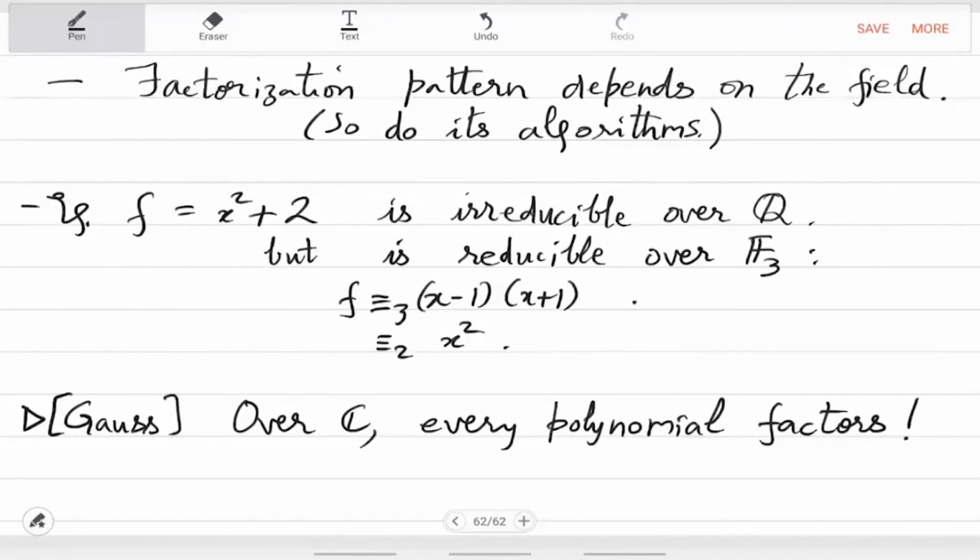When I say polynomial, I mean univariate polynomial, we are only looking at univariate. So every polynomial factors all the way to degree 1. In other words, every polynomial has a root and completely splits. That is called complete splitting, and so C is called algebraically closed.